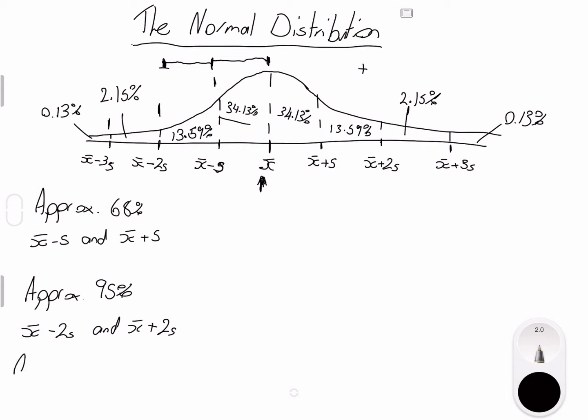And finally, approximately 99.7% of the data will lie in those three standard deviation ranges.